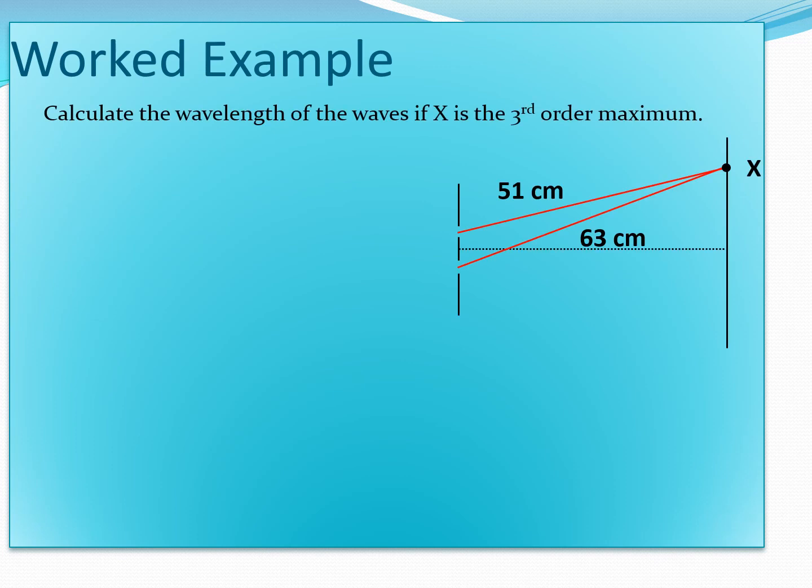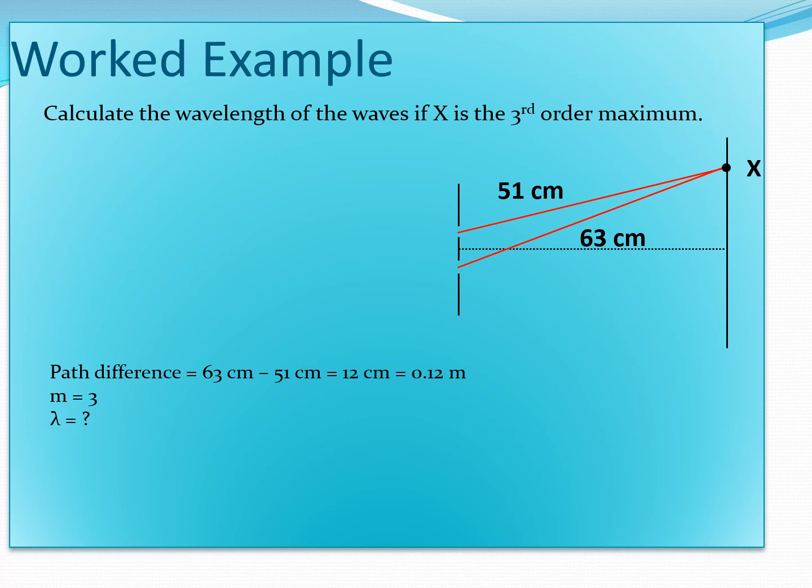Right, so for a wee worked example, if we're wanting to calculate the wavelength of the waves, if point x here is the third order maximum. Our path difference we can work out because it tells us what distance the waves are travelling from this point to here and this point to here.